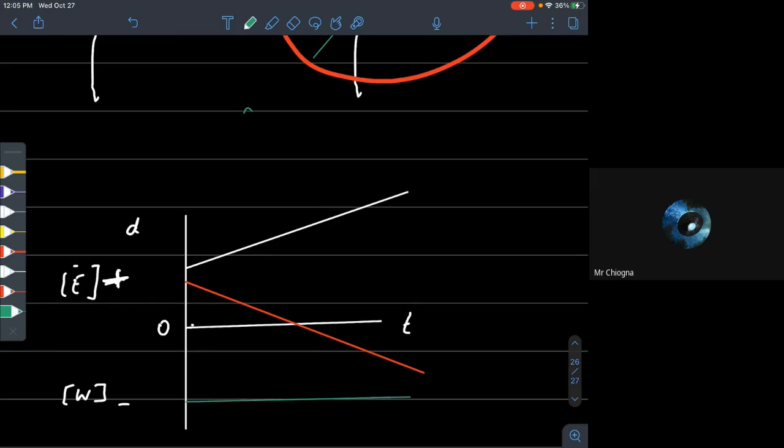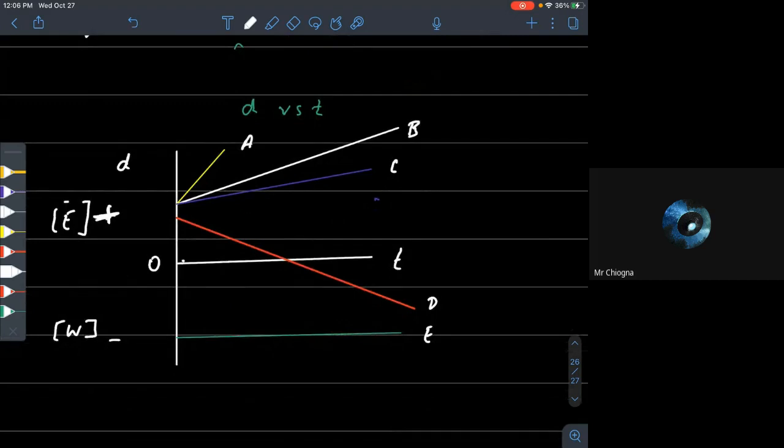So this is a position time graph, D versus T. One more. Maybe a third one here. And make sure you draw those slopes correctly. So I'll label them. This is A, B, C, D, E.